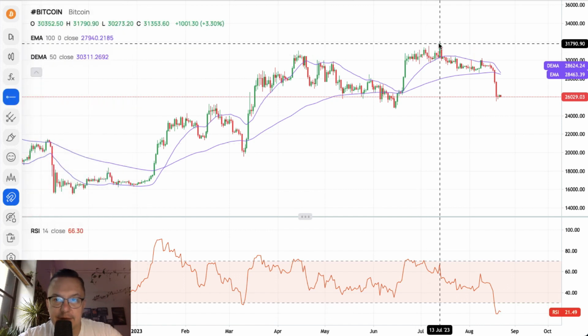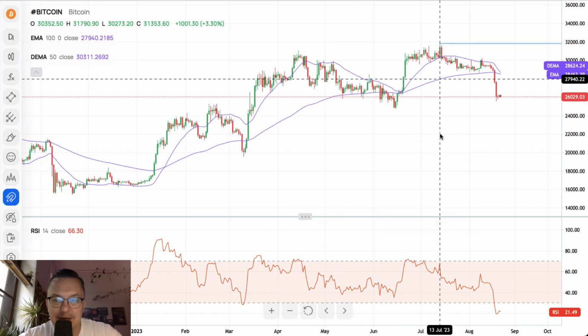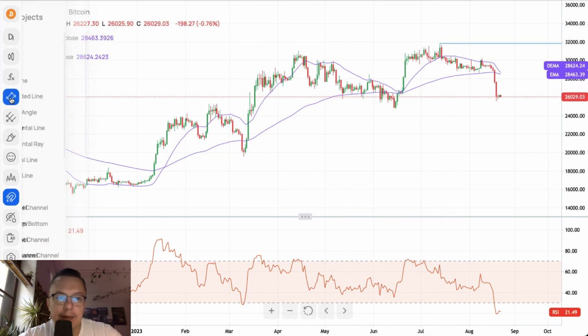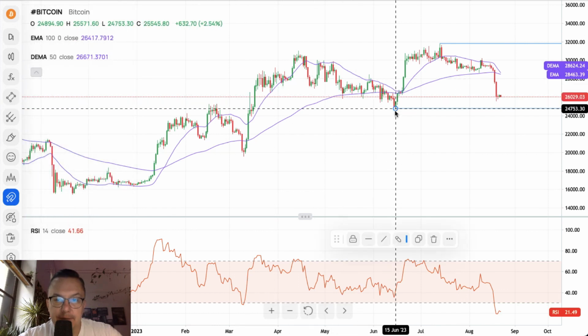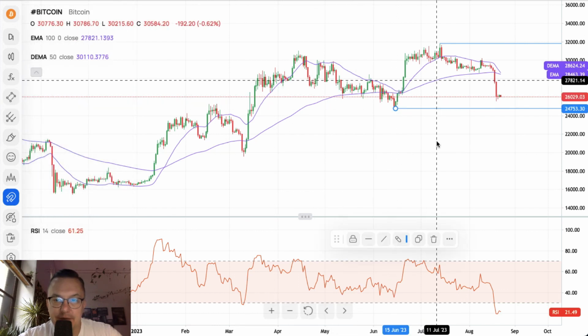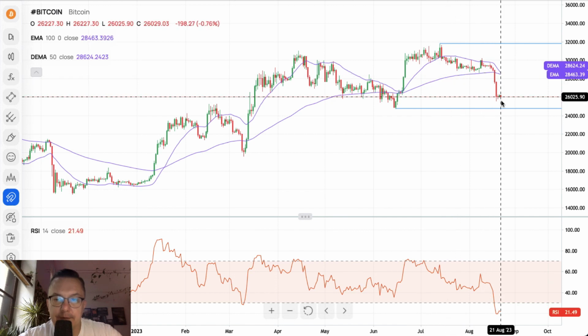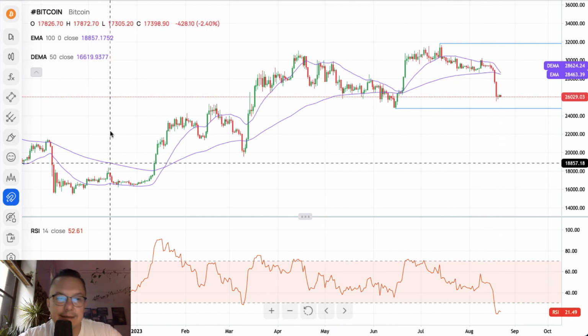The last high was made at 31,790, and as long as we trade just above this level here, 24,753, the up movement is still intact.